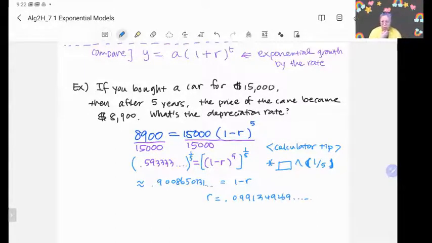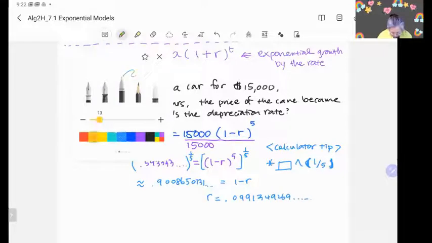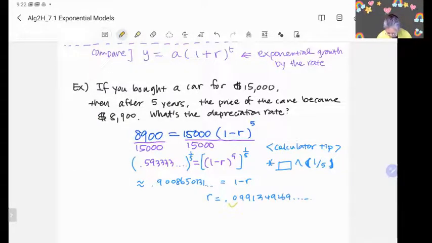Then if you are supposed to answer in percentage, do not forget to move the decimal to the right twice. Then it's 9.9%.